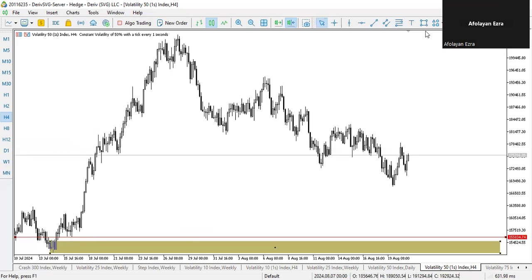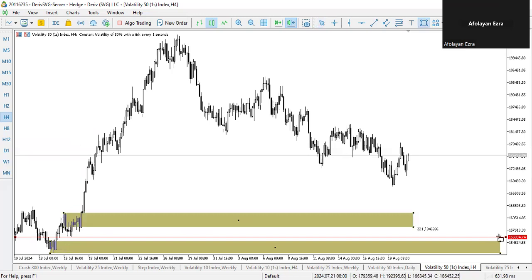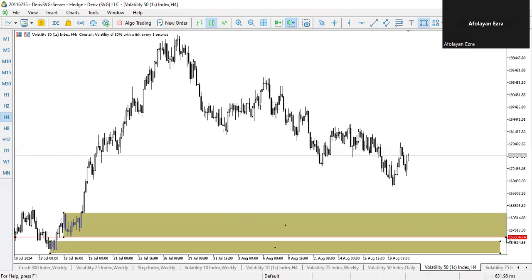But if that place is not cleared, there are basically two zones. There is another zone here, another order flow, which is very fine, very okay. So price can come to this first one and start buying, and can go to the extreme one and start buying.